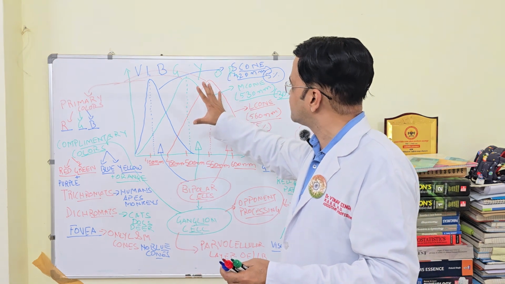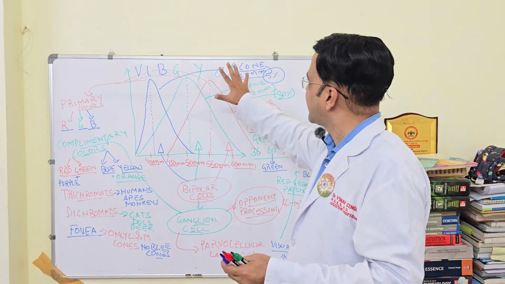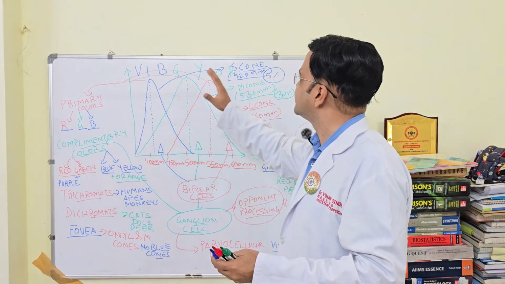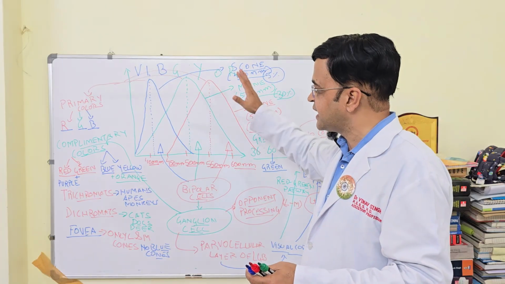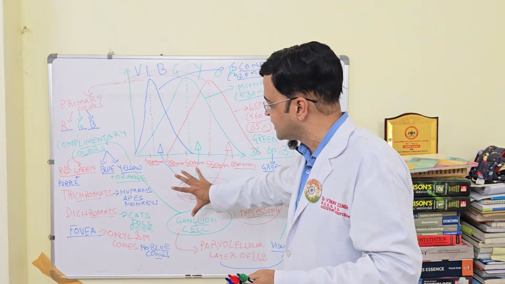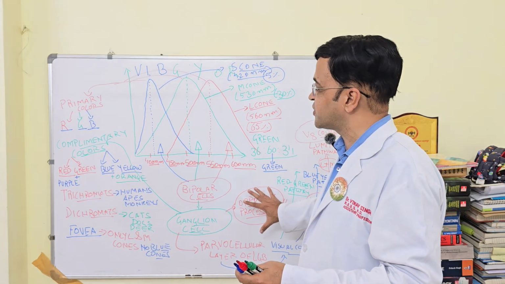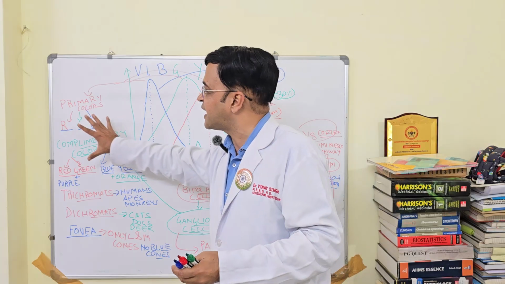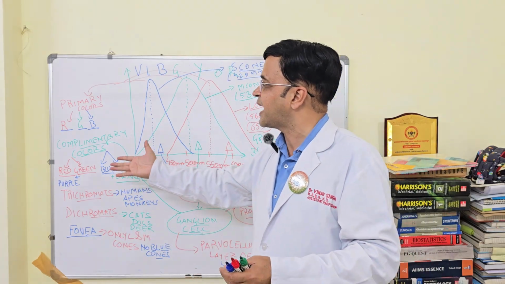M cone absorbs light of 530 nanometers and it is just 30%. S cone is least numerous, with peak absorption at 420 nanometers. They will convey all this information to bipolar cells and then to ganglion cells, where opponent processing happens, which gives us our complementary colors like red and green and blue and yellow.